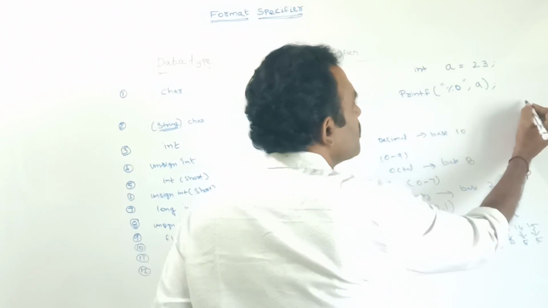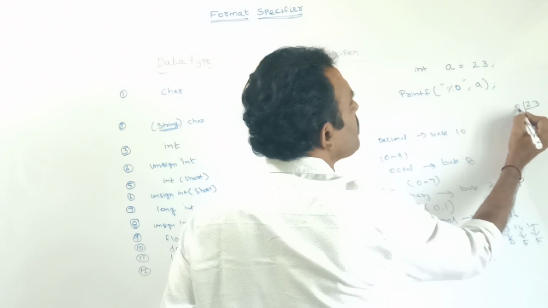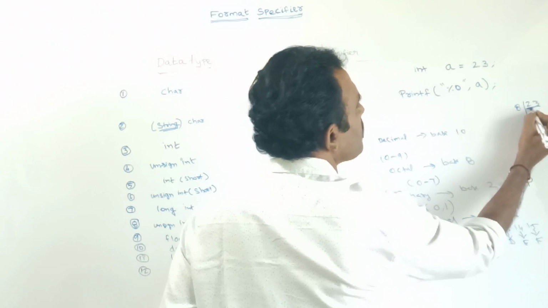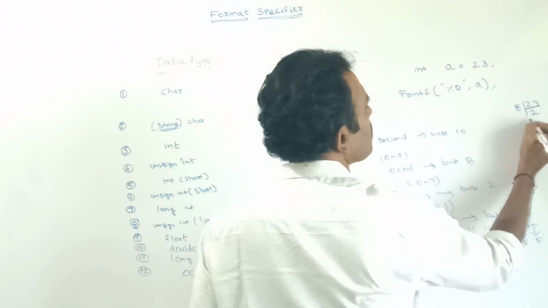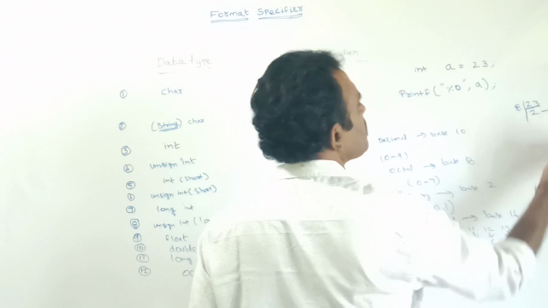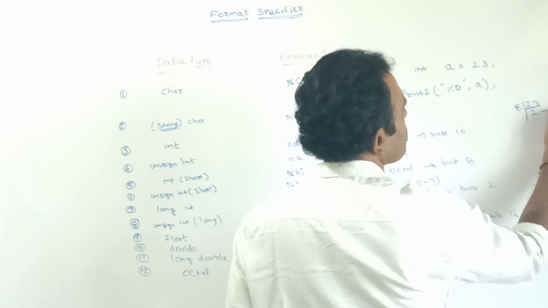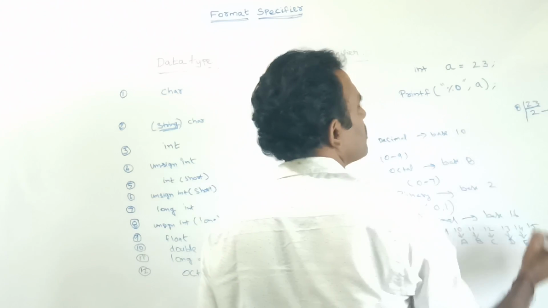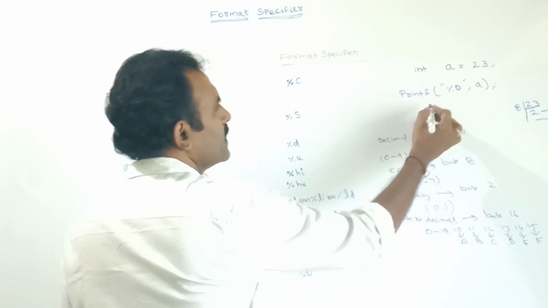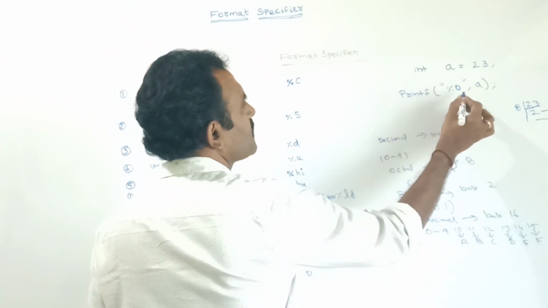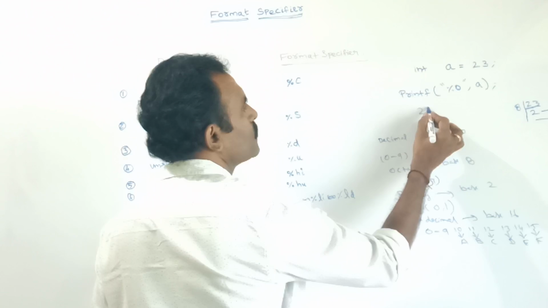Here 23: 8 twos are 16, remainder 7. So the octal representation of a, that is 23, will be 27.